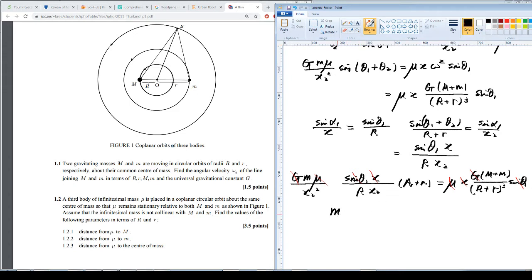Then we have m, r plus small r, x2 cubed equals big M plus small m over r plus small r cubed. Okay, units check out, so it should be fine.